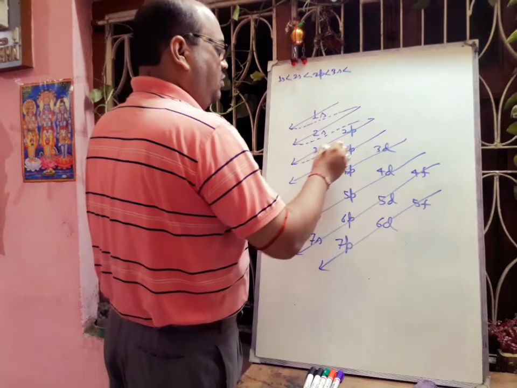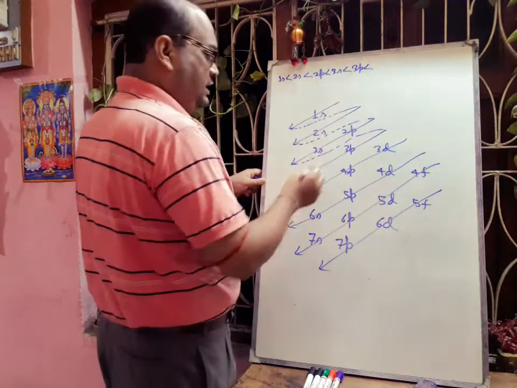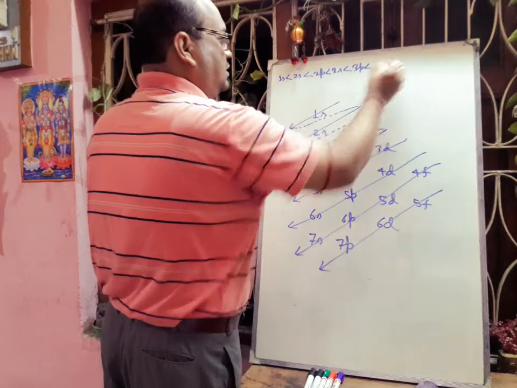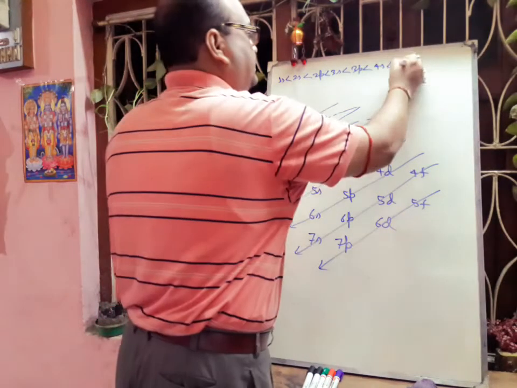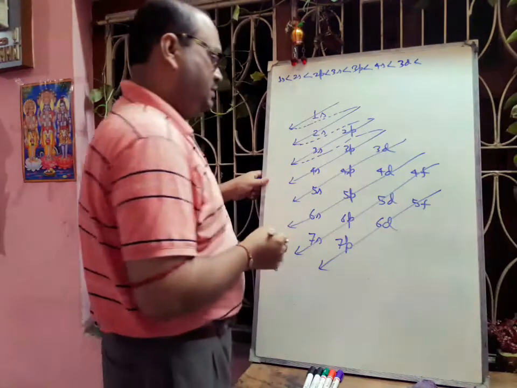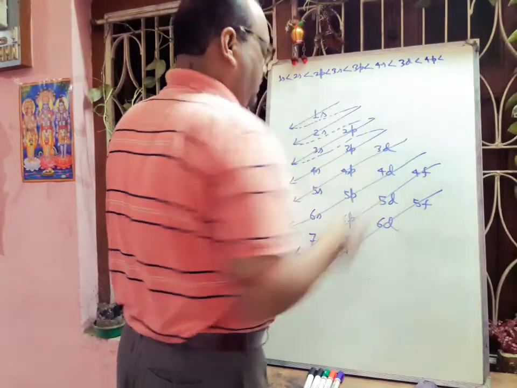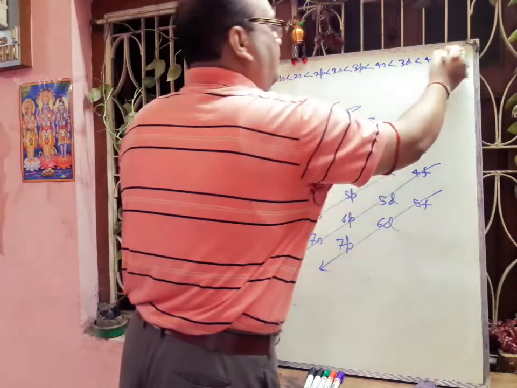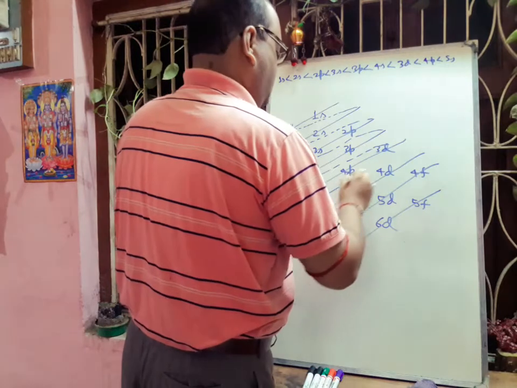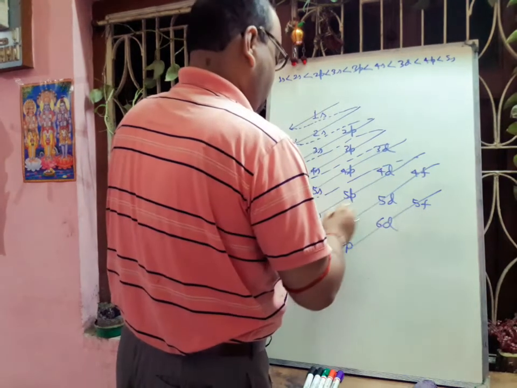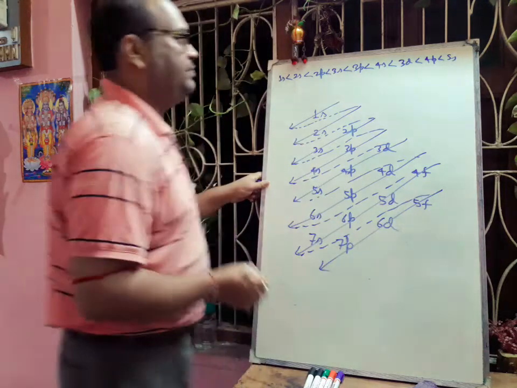After the 3s, if we go back, then we will get 3p. Then there is 4s. Then there will be 3d. Next 4p. Then there will be 5s. Hope you can understand.